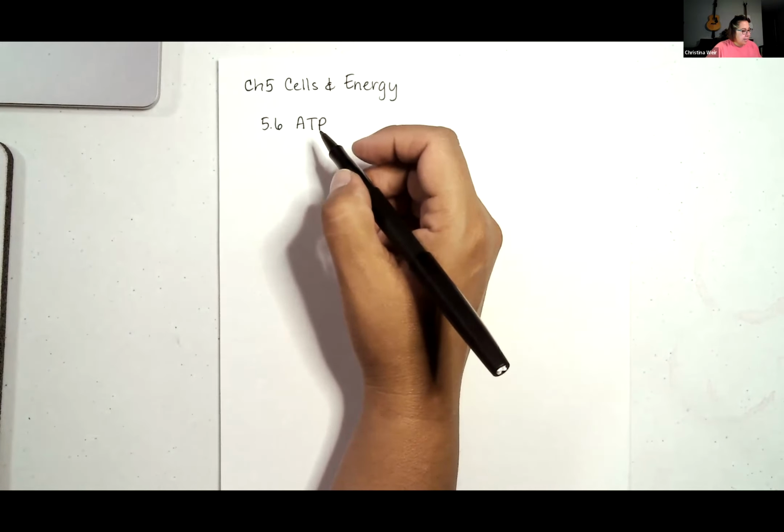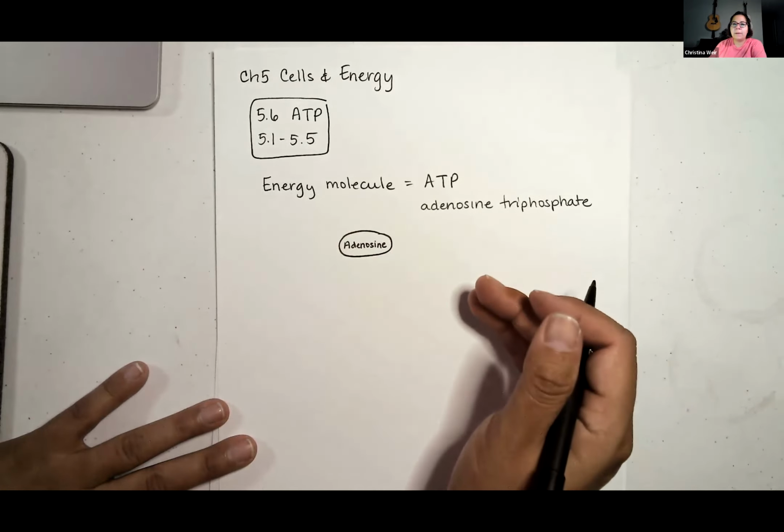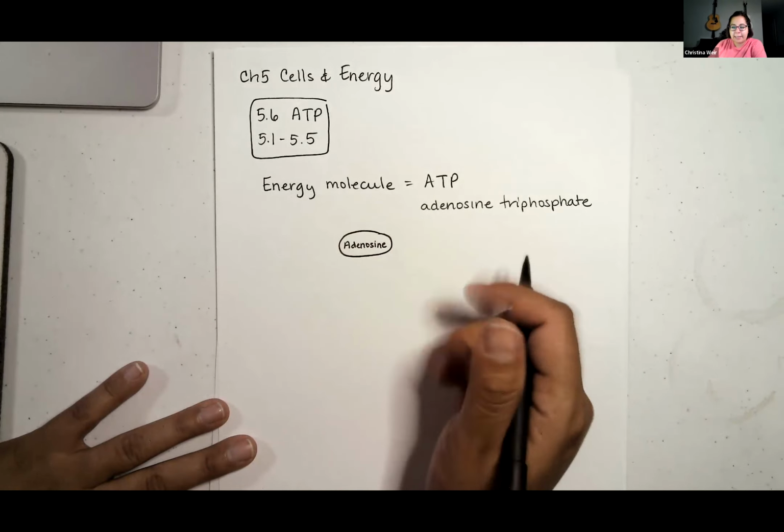And ATP, the way it's usually represented in a picture is you have a large adenosine molecule, which is a modified nucleotide. So when you were reading about DNA is made up of adenine, guanine, cytosine, thymine, adenosine comes from a modification of adenine.